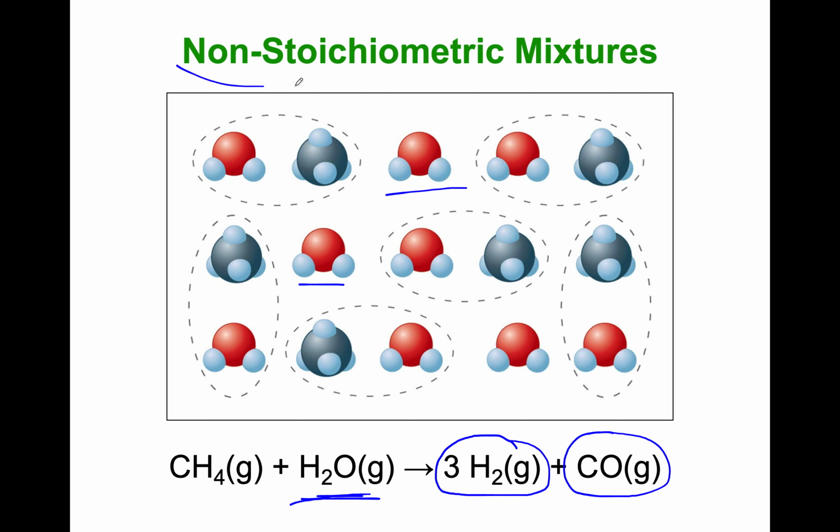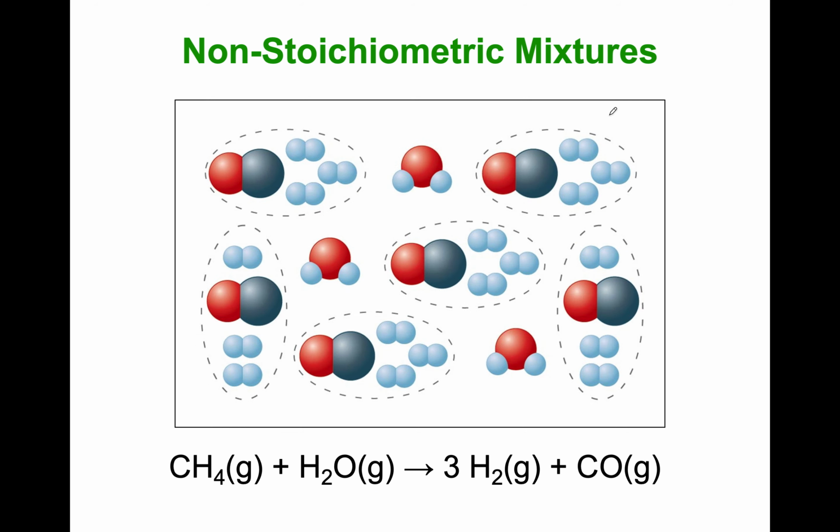This is the non-stoichiometric mixture that we're looking at now. So what's going to happen then? Of course, these are going to react. Methane and water are going to react, and they're going to form products: 3 hydrogen molecules, 1 carbon monoxide molecule. Everywhere we had a stoichiometric ratio, those react.